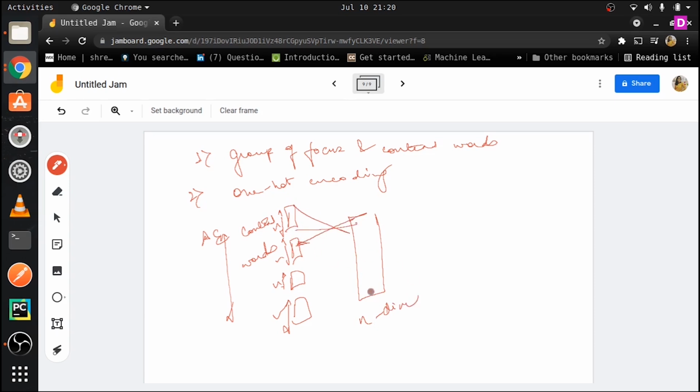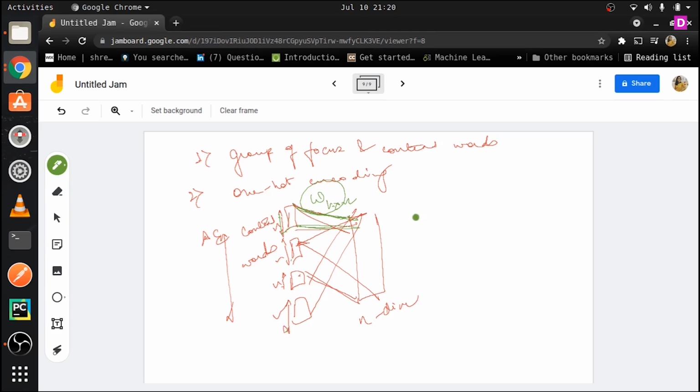So this will be connected in this manner, and then you will have this connected in this manner, and so on, right? You get the idea. So these are all fully connected. So for every value here you are going to get a W. This is v dimension, here you have n, so you are going to get v cross n. So these matrices you are going to get for each and every context word.